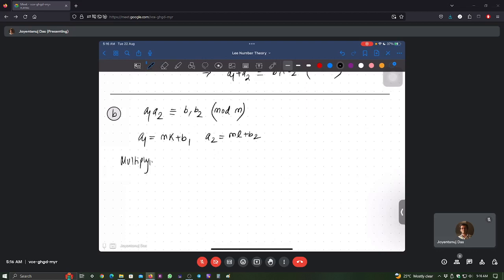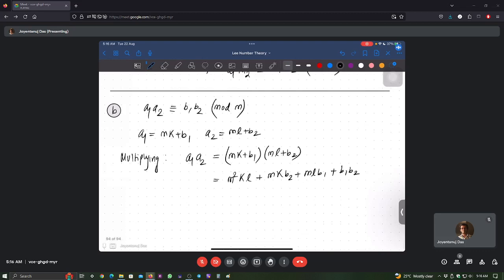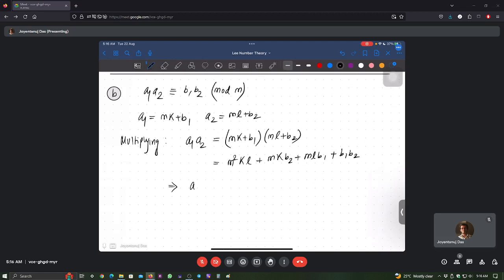Now we can multiply. So multiplying, I have A1 A2. If I expand, what will happen? You will have M squared kl plus Mk B2 plus B1 Ml plus B1 B2. Then we can pass B1 B2 to the other side, and we can take M common from the remaining factors.